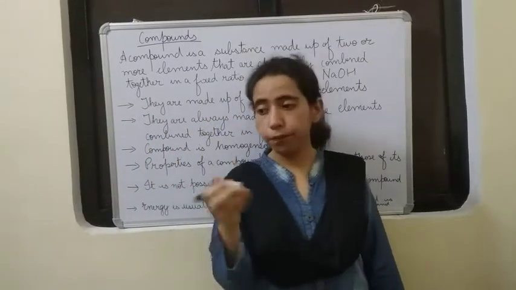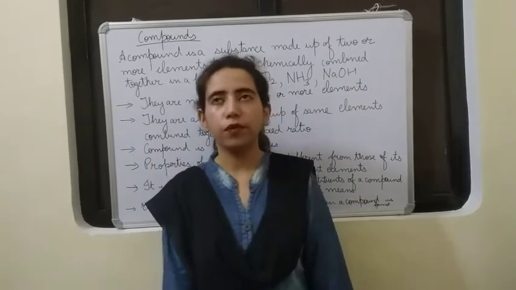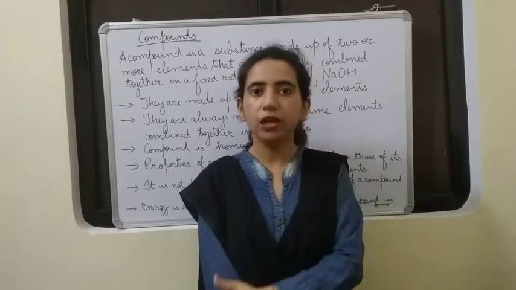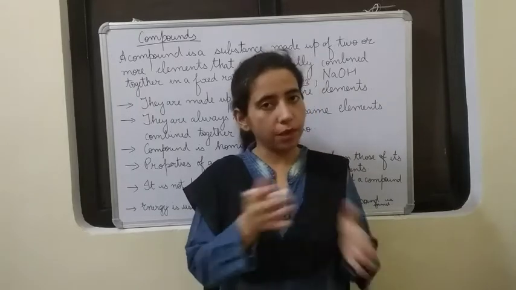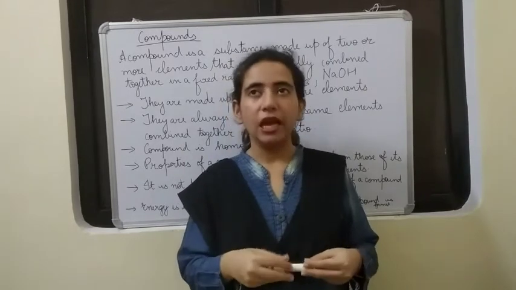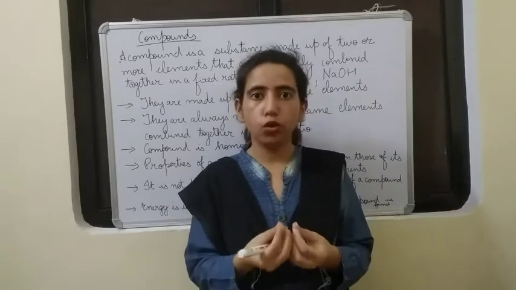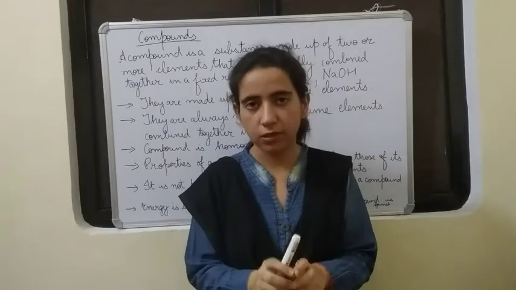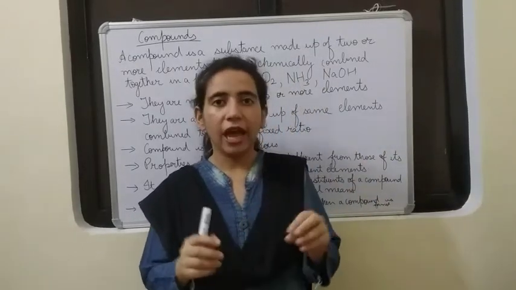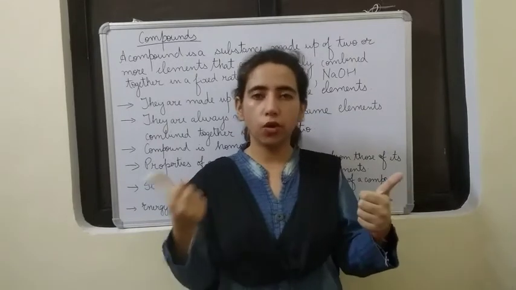Only the possible case here can be chemical means. I will tell you an example for that also. Electrolysis is one chemical means by which water can be separated into its constituent elements. And what is electrolysis? It is the passage of electricity through a substance so as to decompose that substance. Like if we take acidified water and we pass electricity through it, then we will be getting hydrogen and oxygen.